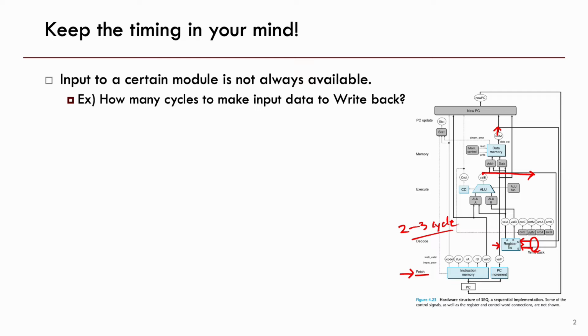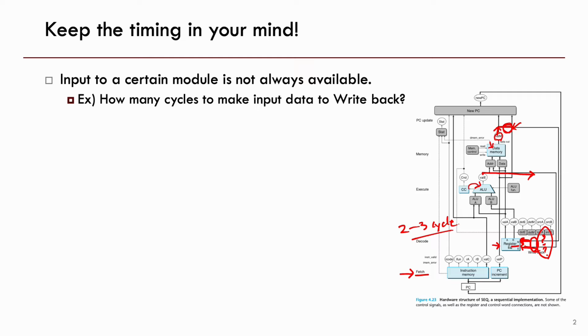Because we don't know what data will be on this wire, like on valM or valE, if we didn't actually execute the ALU and get the valE, or we didn't start the data memory stage and get the valM. Then we have an unknown value on this wire, and it is possible to corrupt the contents in this register file.